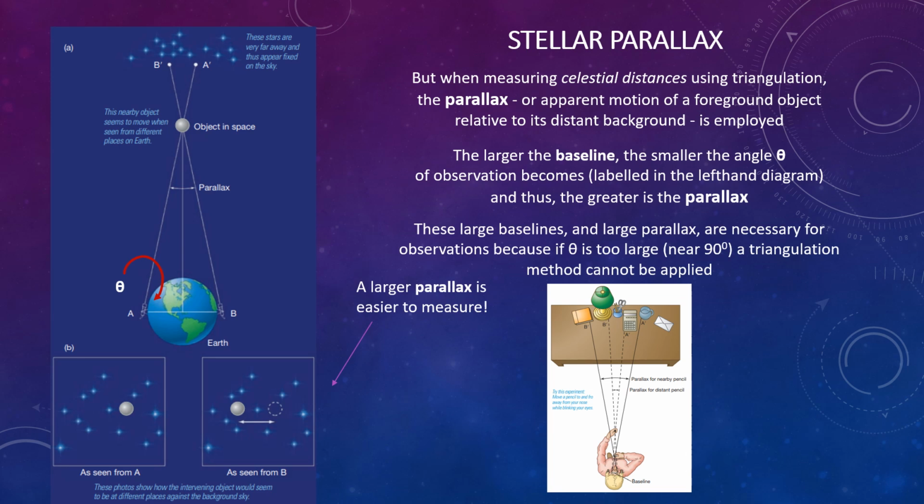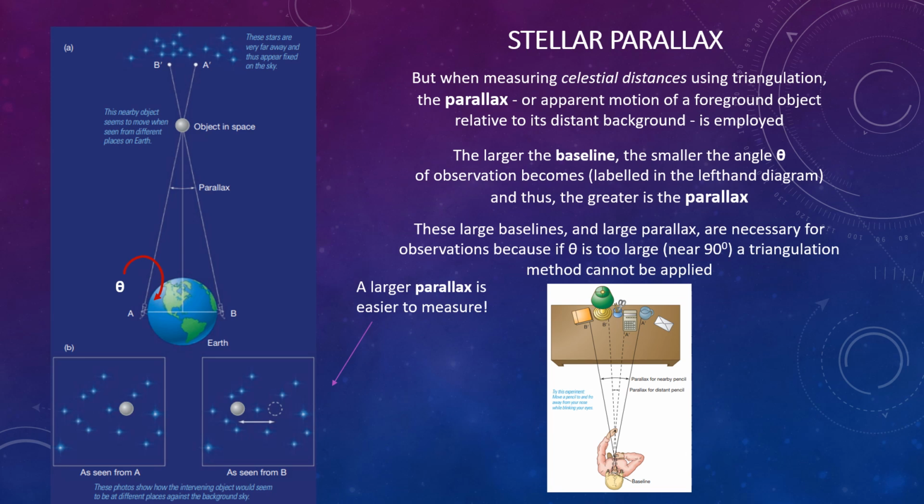Now let's take this concept of triangulation and measuring distance with it and apply it to astronomy. So when we're measuring distances using triangulation in astronomy, we need to look at the parallax. That is the apparent motion of the foreground object that we're looking at relative to its more distant background.